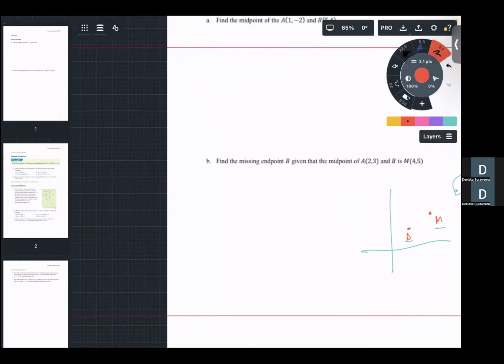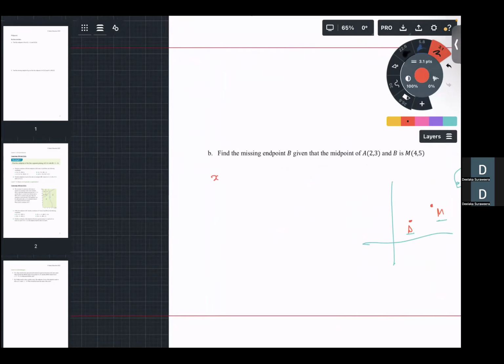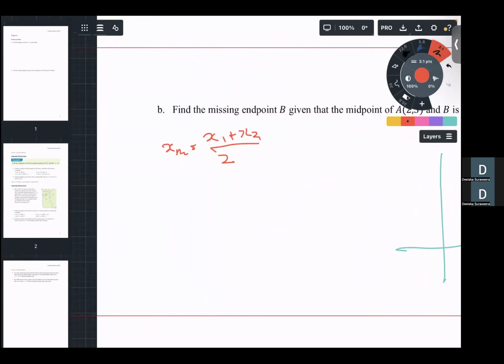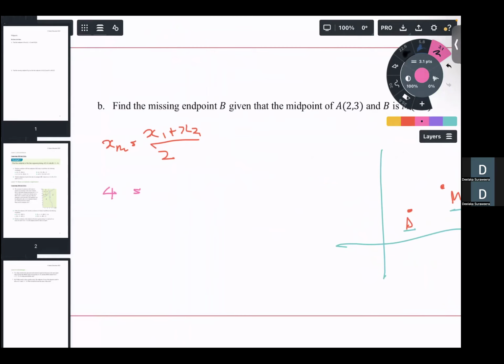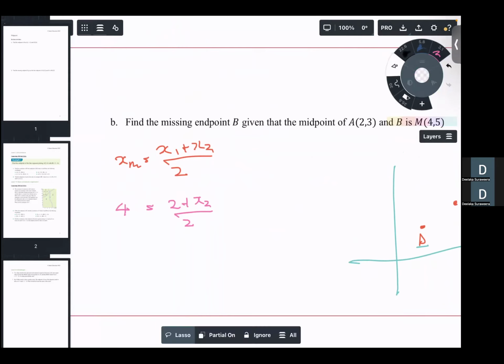He was using the midpoint formula. So what he did was plug in the numbers here. So xm is 4, x1 is 2, x2 is not known. Then you just solved it algebraically. What you did was rearrange this to find x2.